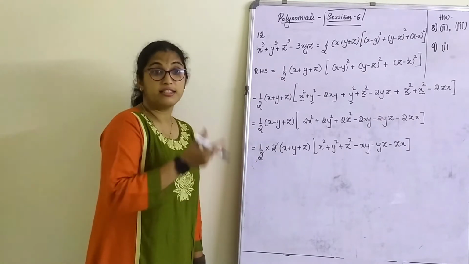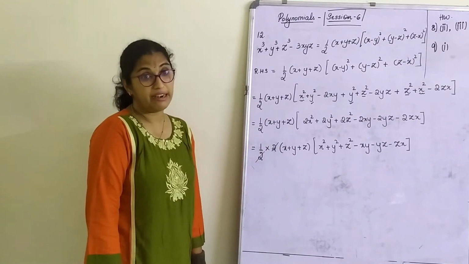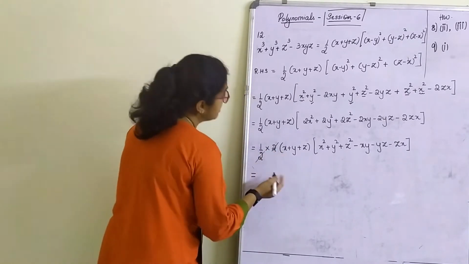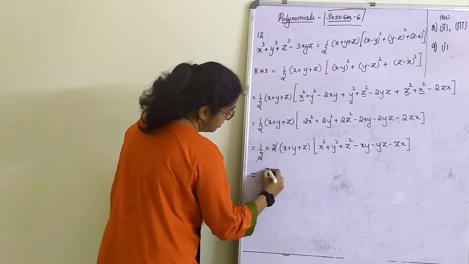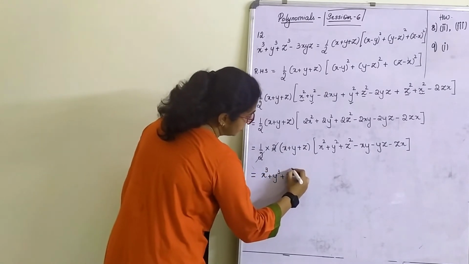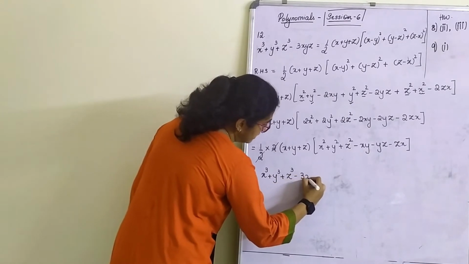This is the answer to that special identity what we had written, right? Directly you can write that is equal to x cube plus y cube plus z cube minus 3xyz.